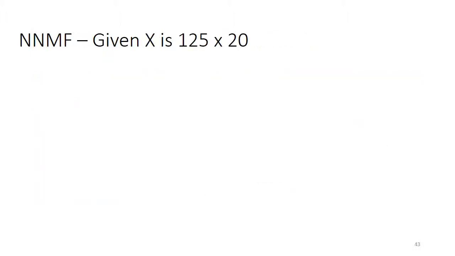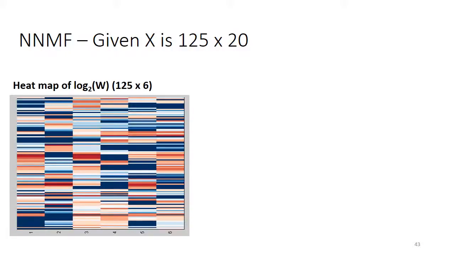So given that X is 125 by 20, our number of genes and our number of samples, and the K classes that we've been using, we can find a heat map of a log2 transformation of W, as some of these values are quite large, which is then going to be 125, so each of our genes, by 6, our classes, or the different patterns we're looking for.